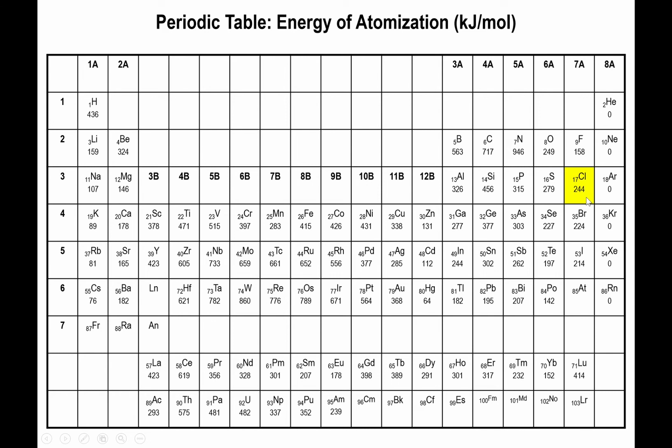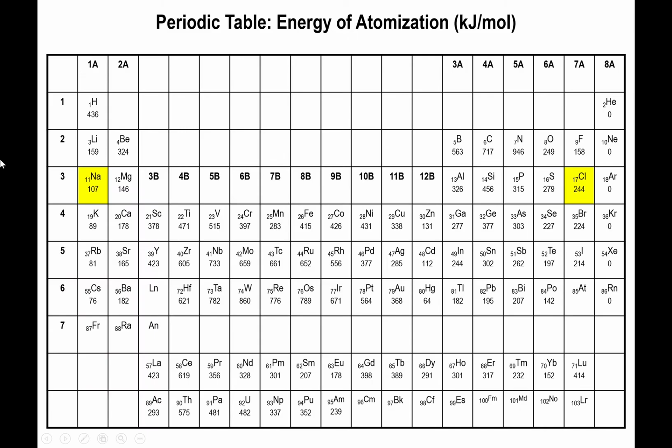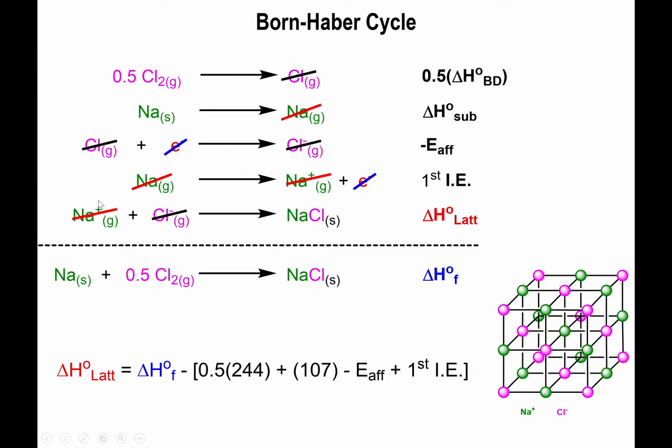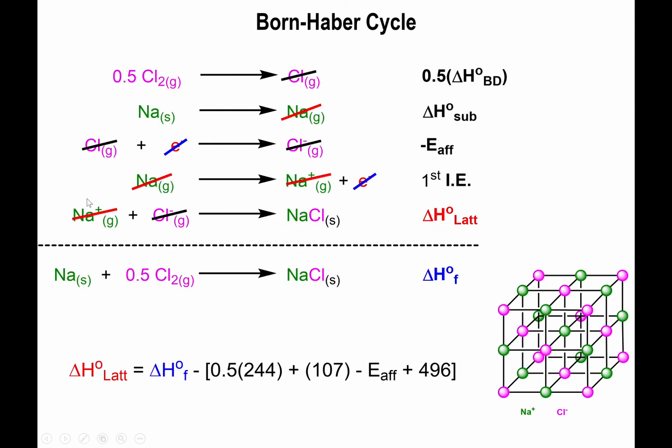The bond dissociation enthalpy of chlorine is 244 kilojoules per mole, so we input that in here. The sublimation enthalpy of sodium is 107 kilojoules per mole. The first ionization energy of sodium is 496 kilojoules per mole.